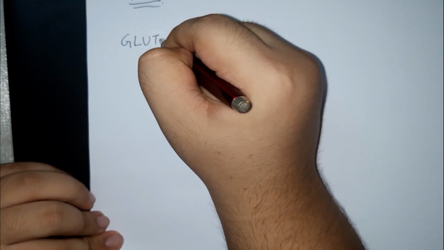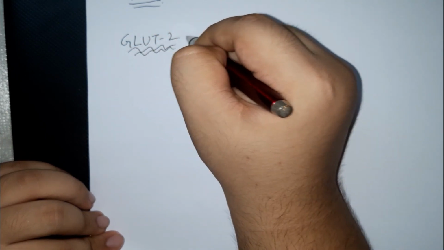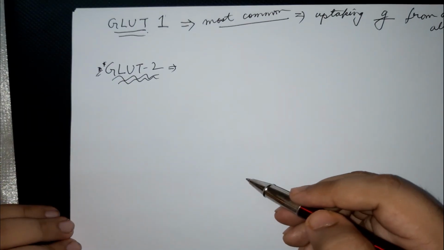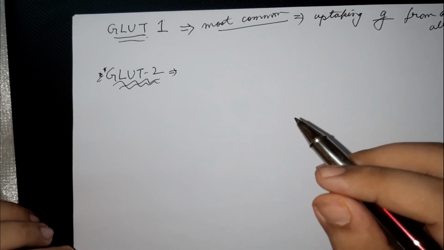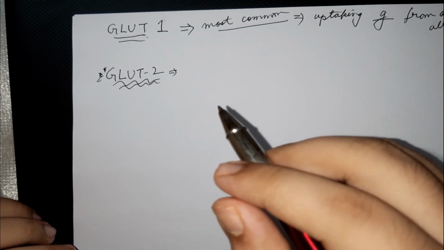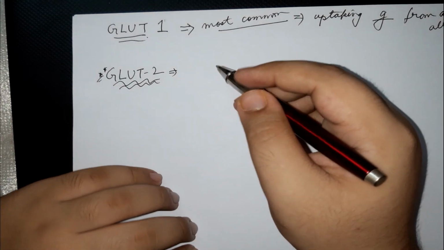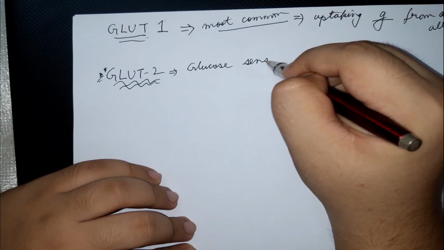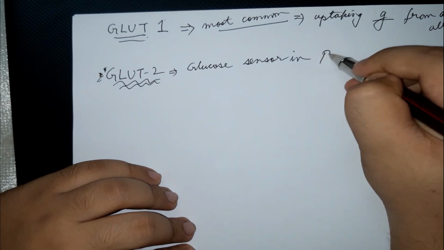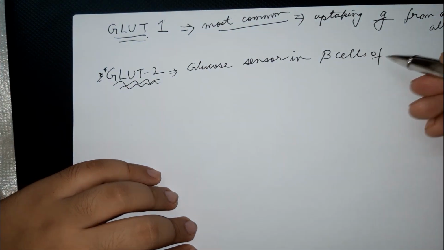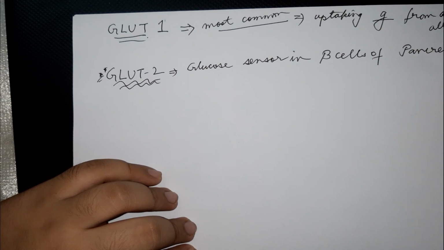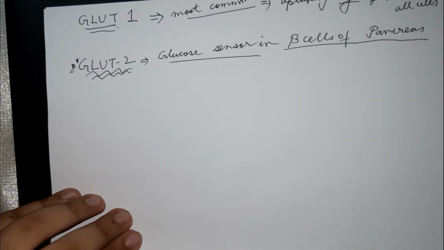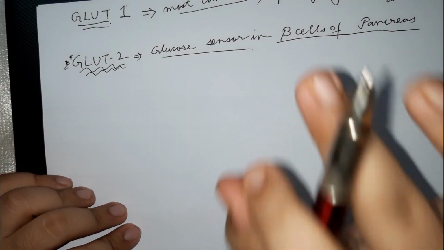GLUT2 is very important. Why? Because GLUT2 is used as what we call the glucose sensor in beta cells of the pancreas. The glucose sensor in beta cells of pancreas, very, very important. Now do give me a patient hearing.